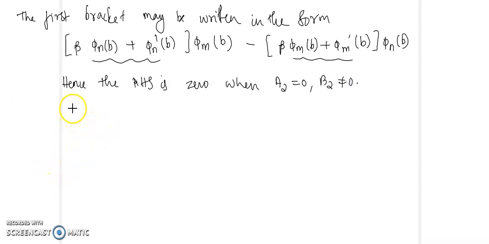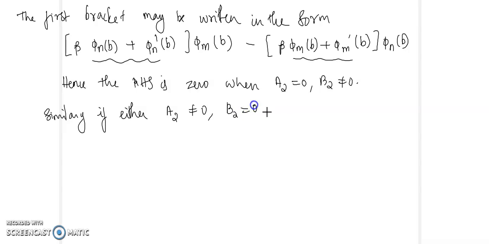And similarly, if you look at the other two ways, if either A2 not equal to 0 and B2 equal to 0, we can make the same adjustments, or in the case when A2 not equal to 0 and B2 not equal to 0, the RHS is equal to 0.